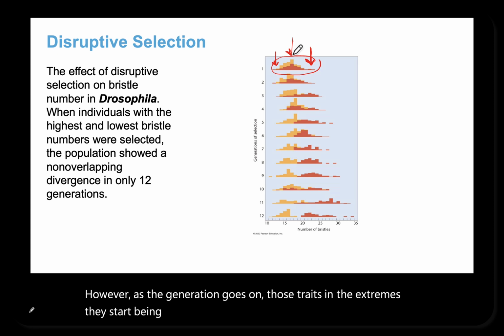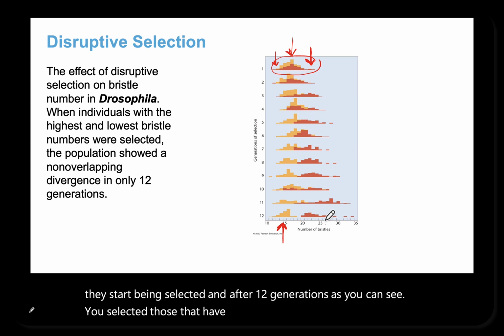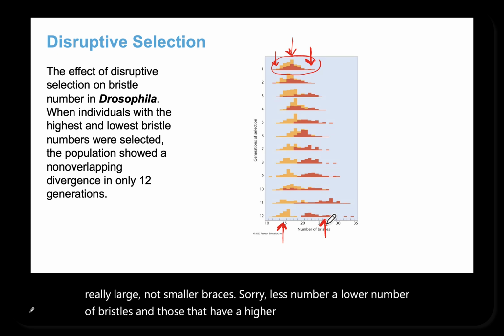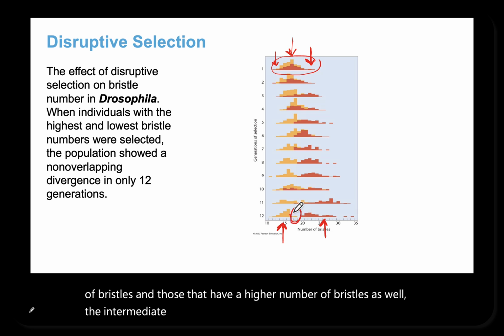And after 12 generations, as you can see, you selected those that have a lower number of bristles and those that have a higher number of bristles as well. The intermediate phenotype now no longer exists, or there are fewer individuals with it.